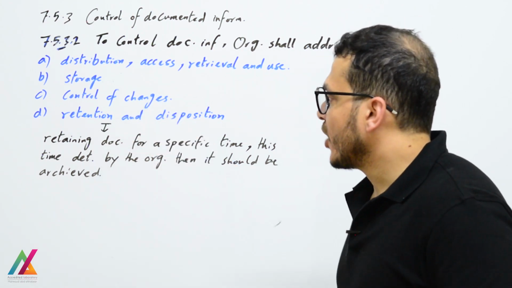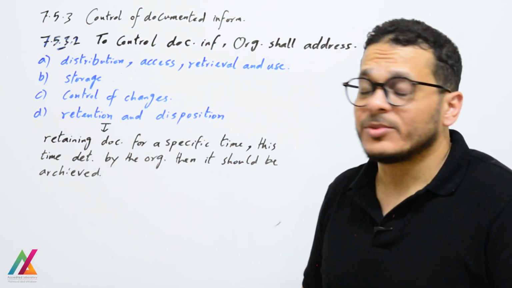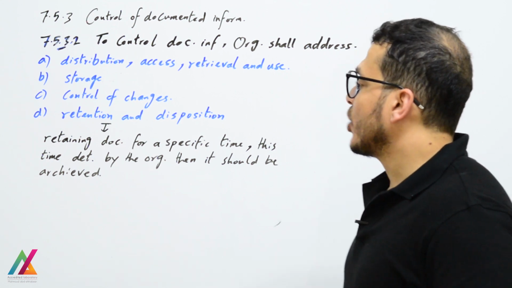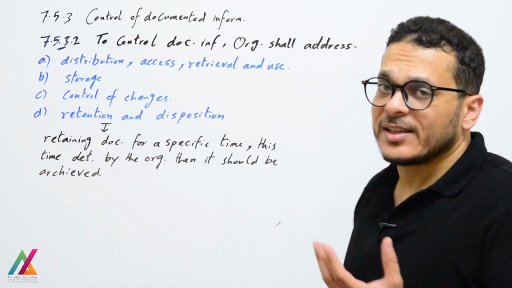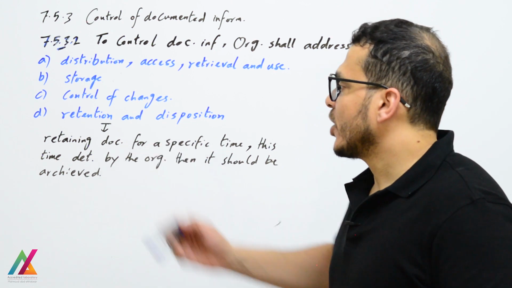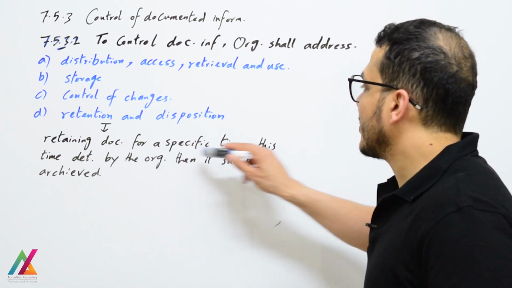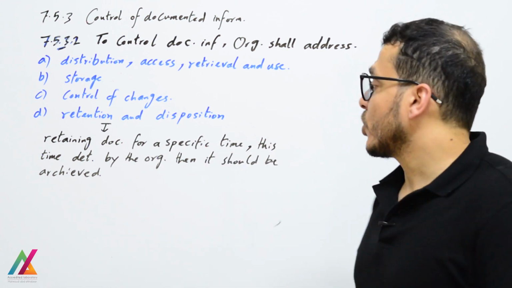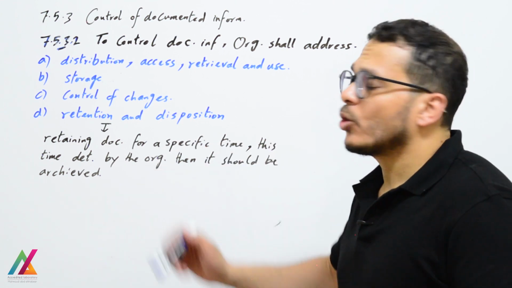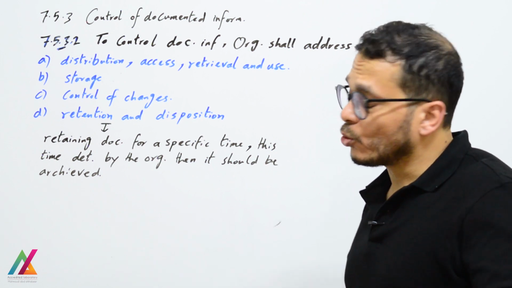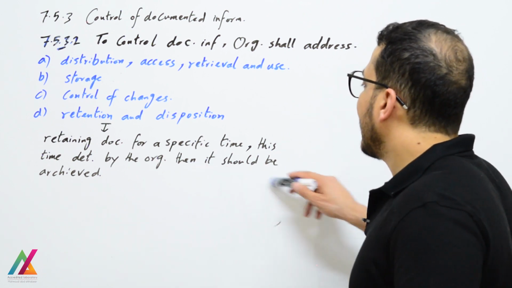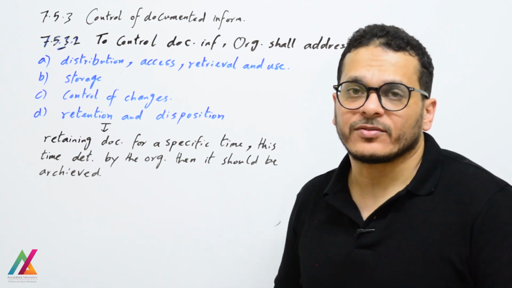Control of changes, how we will control any change or update in these documented information. And retention and disposition, meaning retaining documented information for a specific time. This time will be determined by the organization and also based on the standard, and then it should be archived after some time.